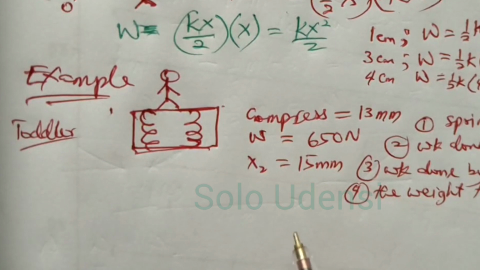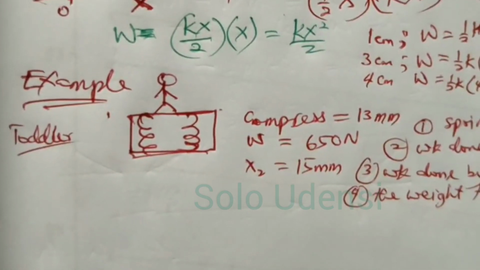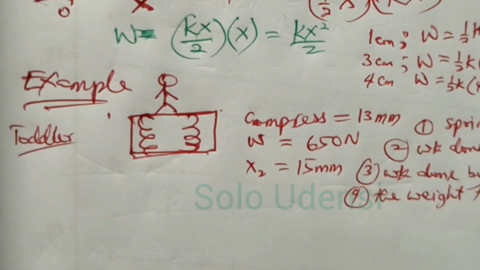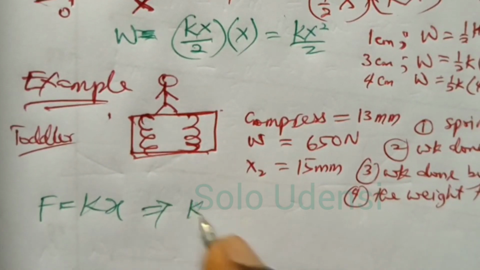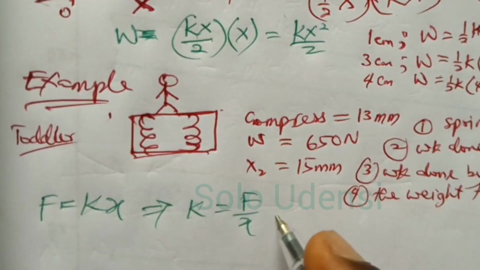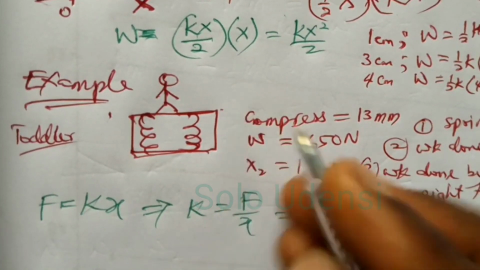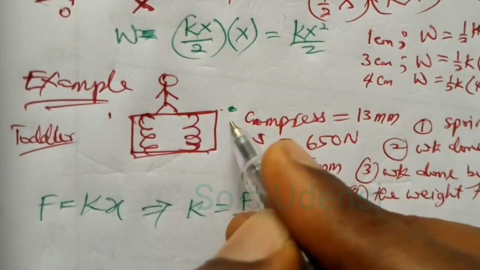In order to do this, we will have to remind ourselves of Hooke's law. Hooke's law states that force is proportional to extension, or force is proportional to compression. F is equal to kx. That means that our k is equal to F over x. If we draw the free body diagram, this is the equilibrium position.